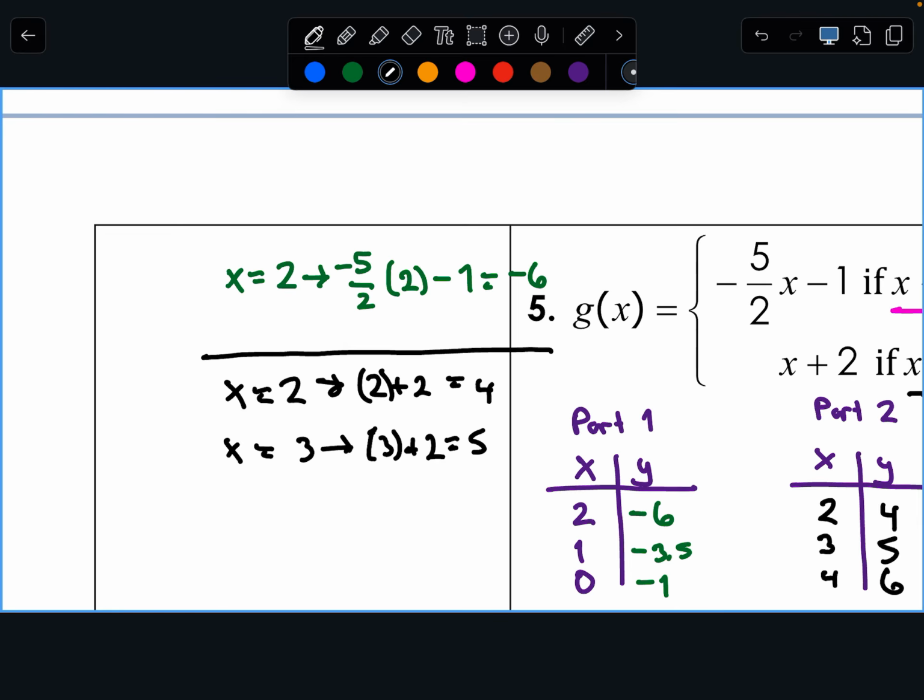If I do it for x equals 1, then it was negative 5 over 2 times 1, then minus 1. Even though I like the fractions, I prefer that you do the decimal, because if you're going to graph it, it's easier to graph it if it's a decimal. So this one was negative 3.5. And then you just do that for the other points as well.